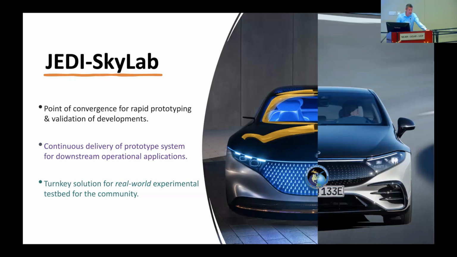And you can iterate multiple times and pick what you like, drop what you don't like. So it's really about rapid prototyping and validating these developments through that point of convergence where you don't have to reinvent an entire end-to-end system every time you want to test something.